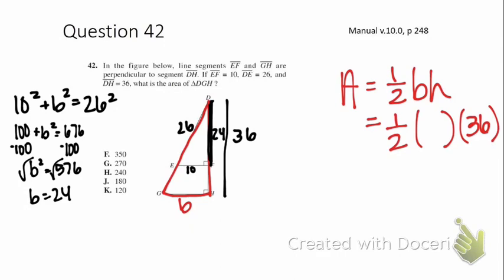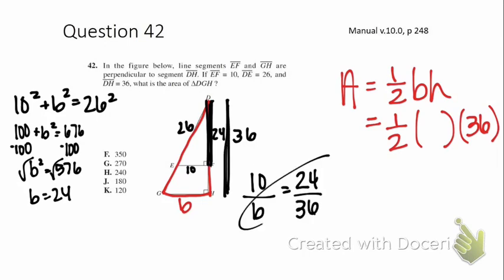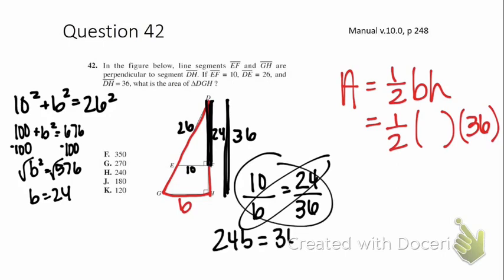So now I have what I need in order to solve for my base, right? So I can set up my proportion. 10 over b is equal to 24, so this length here over the total length here, which is 36. So 24b equals 360. Divide by 24. It gives me 15.